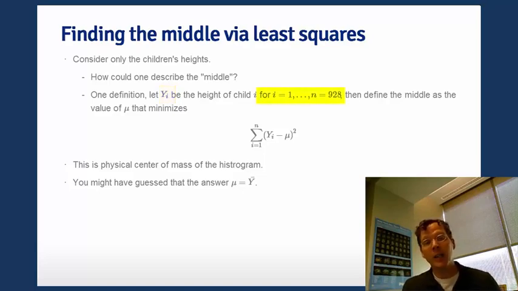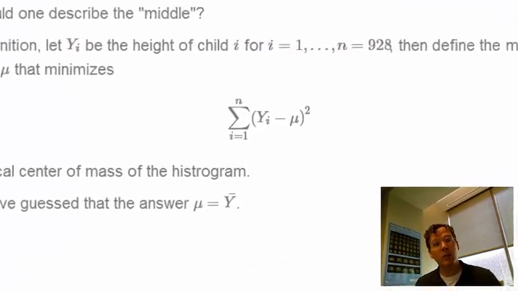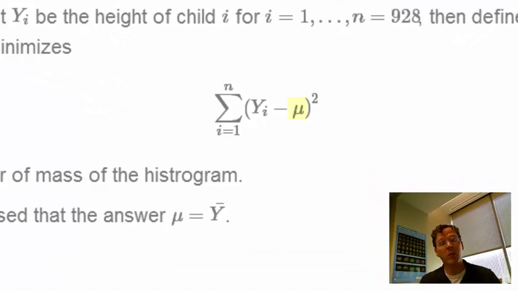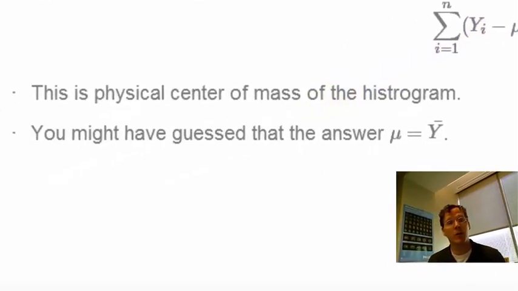My i index here goes from 1 to n, with n being 928 children in this particular data set. So the middle will be the value of mu that minimizes the sum of the squared distances between the observed data, the y_i's, and this value mu. That's how we define the middle.